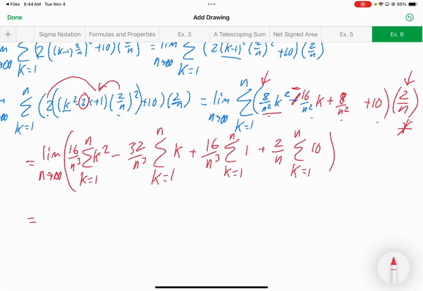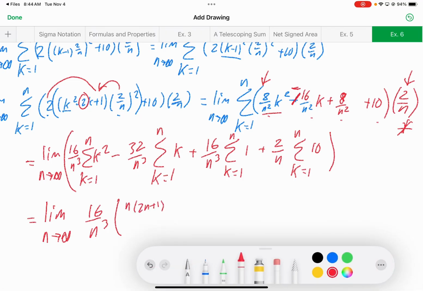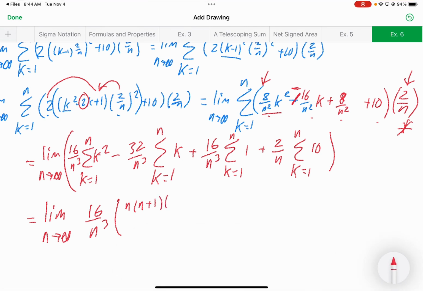Now we plug in our formulas for each one. So limit as n goes to infinity, 16 over n cubed, and then we have our formula for k squared, which is n times n plus 1 times 2n plus 1 over 6.